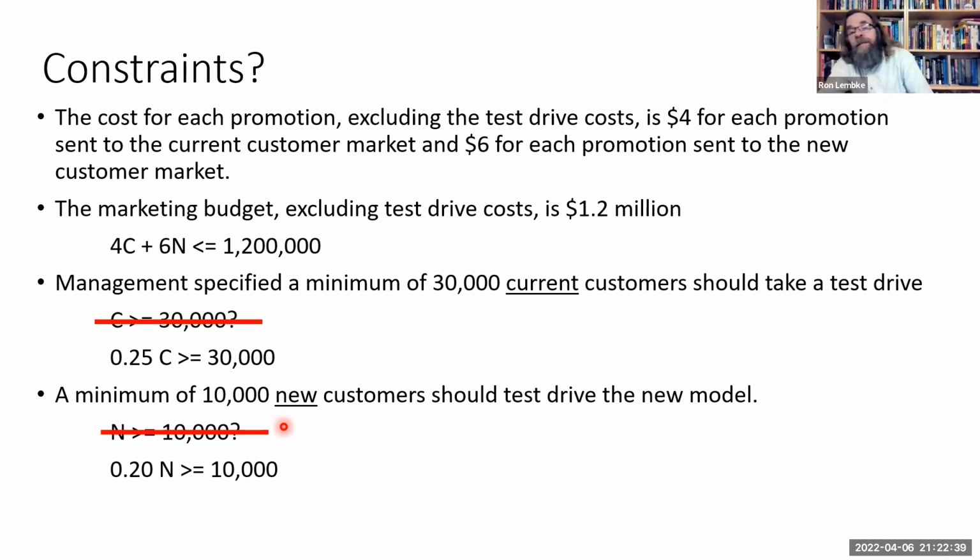So 20% of them are going to take us up on the offer. So really, the number of new customer test drives that we see will be 0.2 times the number of new customers that we reached out to. So 0.2N has to be greater than or equal to 10,000. So this is how we take care of those two constraints.